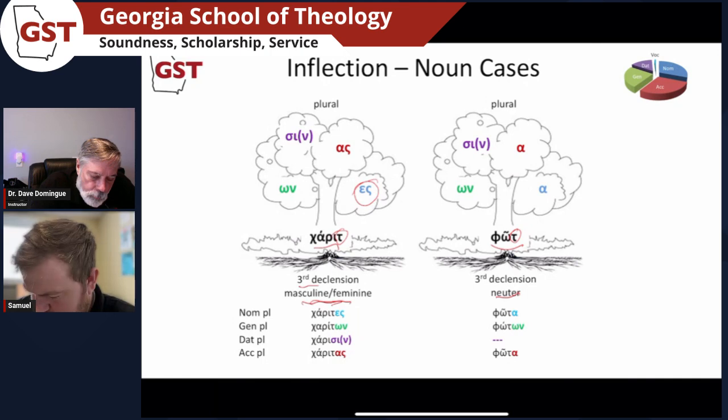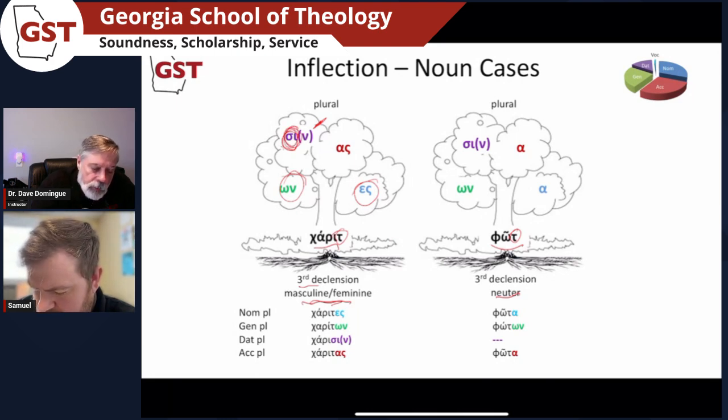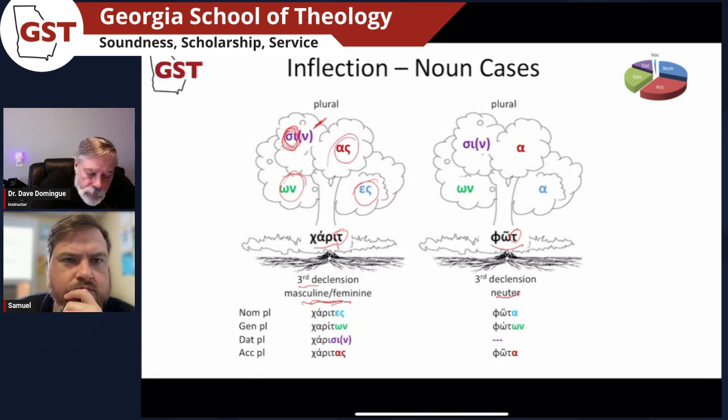For the genitive, it's going to have the omega nu case ending. For the dative, it's going to have the sigma iota case ending with what's called a movable nu. Sometimes there, sometimes not. Some people call it an irregular nu, but it's more often referred to as a movable nu. It may or may not be there. And then our accusative is going to have the alpha sigma.